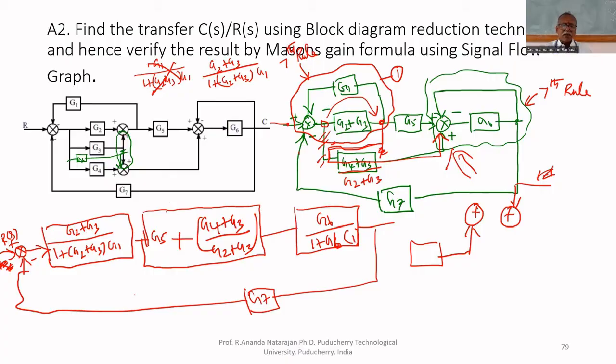Now we have to multiply all forward paths. What is the first block? What we have? G2 plus G3 upon 1 plus G2 plus G3, multiplied by G1. This is the first block. We have to multiply with that.